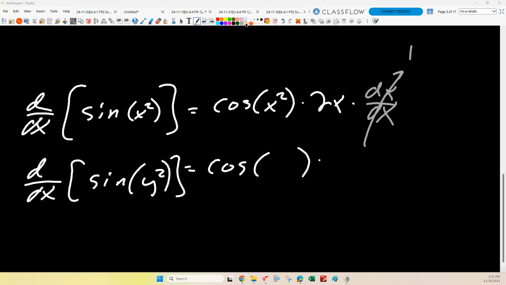Times the derivative of what's inside. The derivative of hand squared is 2 hand, right? Well, the first hand was a y squared. The second hand was a y. Okay, now we go one more layer. What's the derivative of y with respect to x? dy dx. I could just call it y prime if I want to. It's dy dx. Okay? See my point?